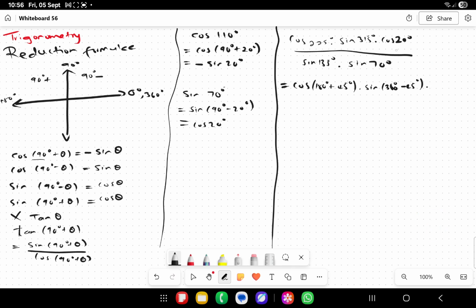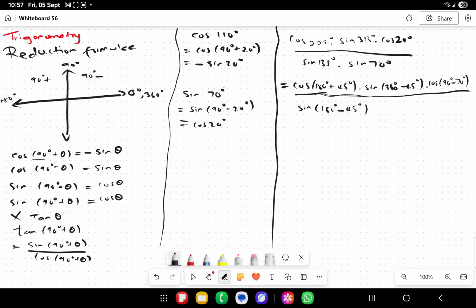So I want the 20 to become the 70. I'm going to have cos of 90 degrees minus 70. Then at the bottom, sine 135 is sine of 180 degrees minus 45.